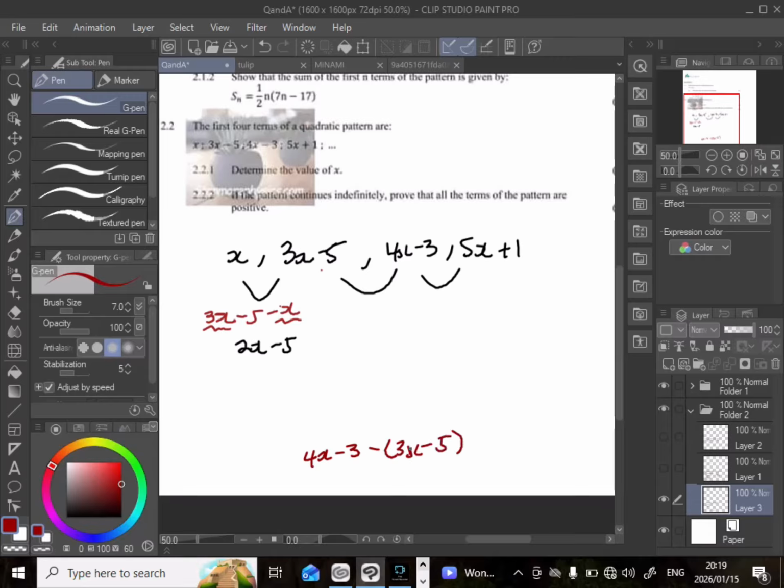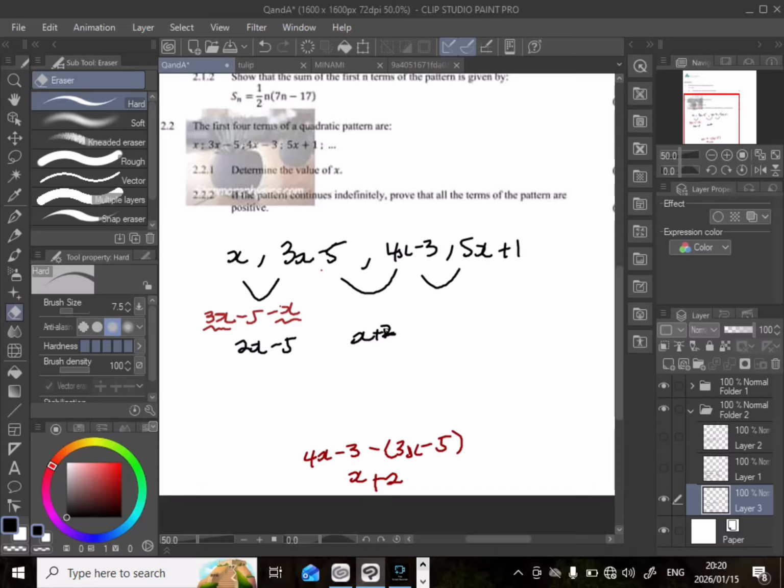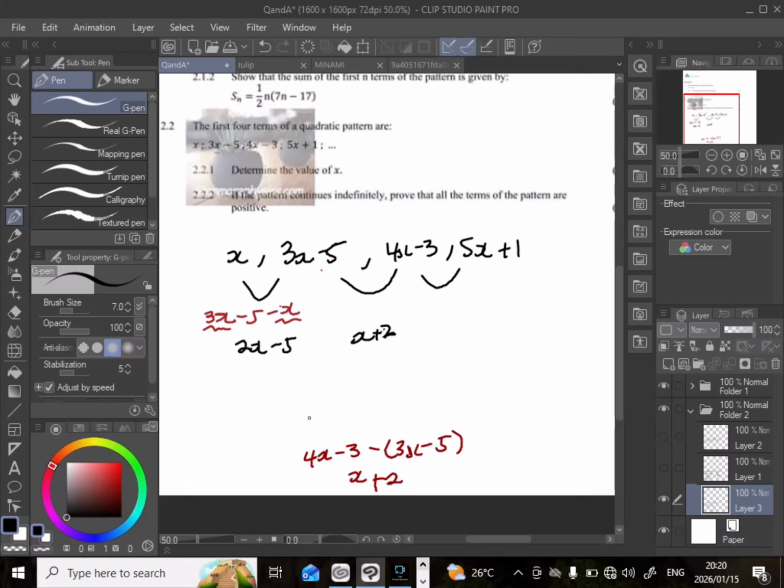So it's just going to be 2x plus 2. Let me just erase this.